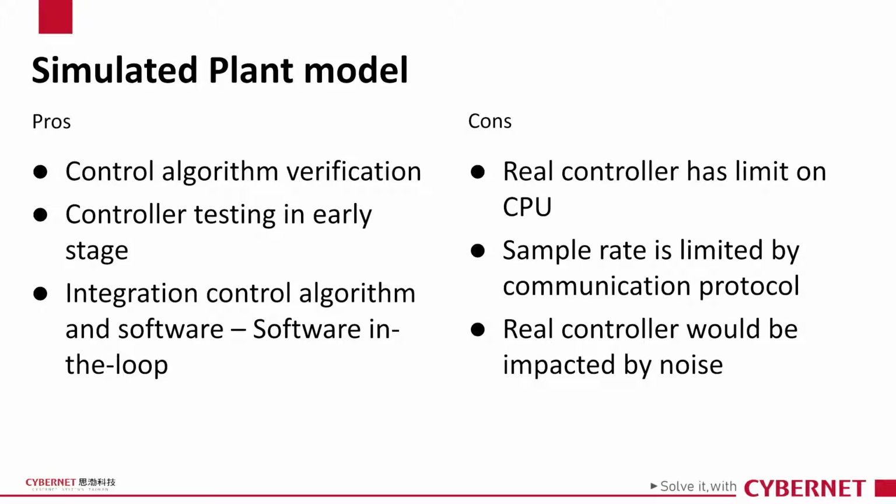For example, the CPU has limitations on calculation power. The sample rate is limited by both hardware and the communication protocol. At the same time, the real controller would be impacted by noise. Automotive engineers should do lots of hardware testing to make sure that the controller could be used on the real vehicle.